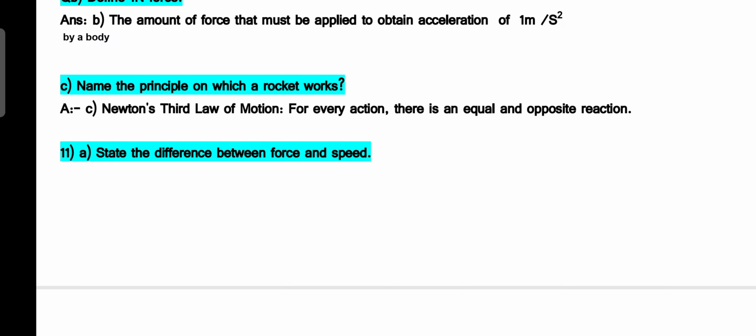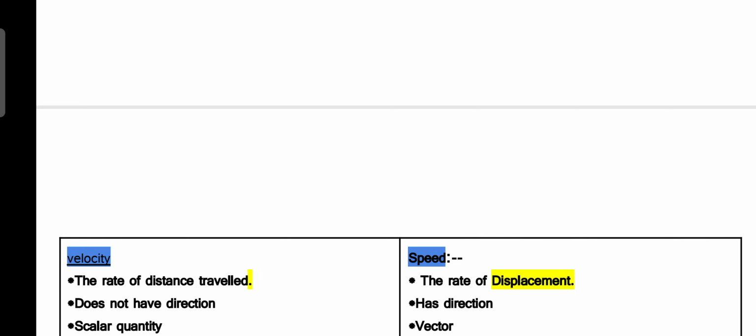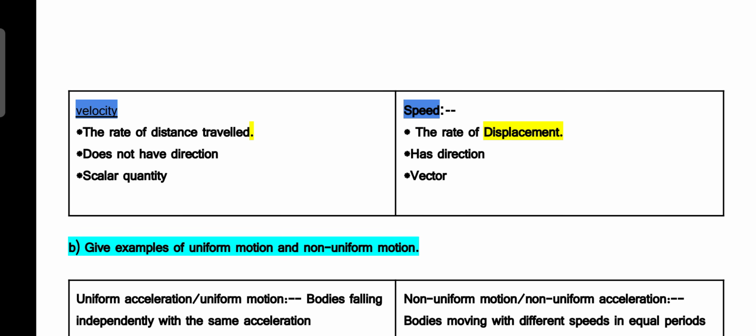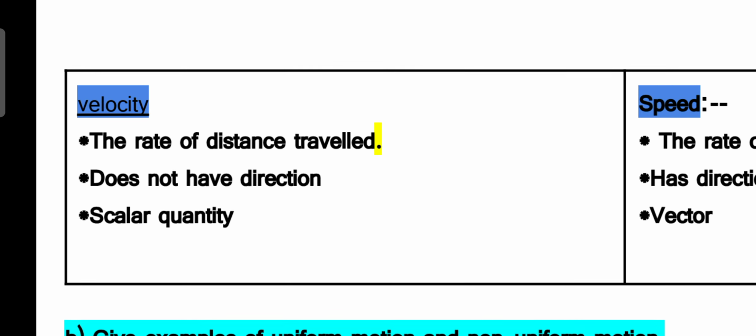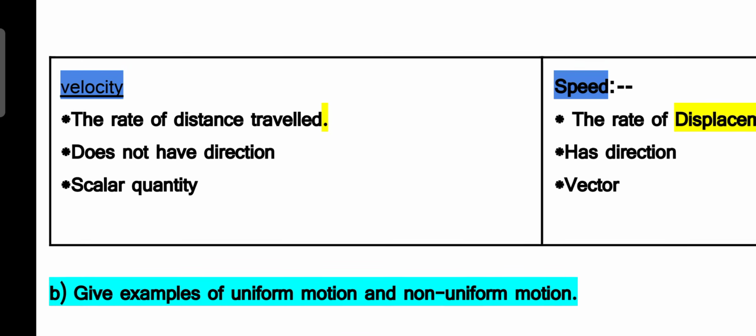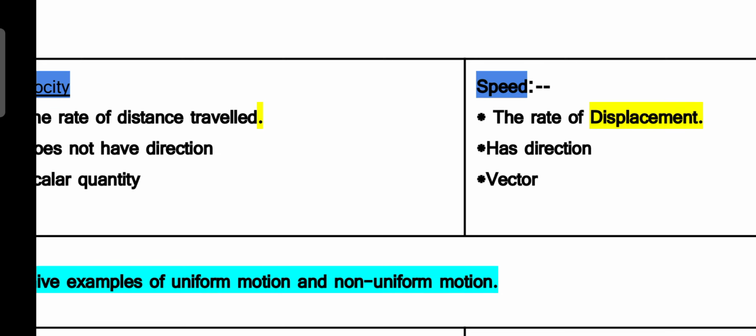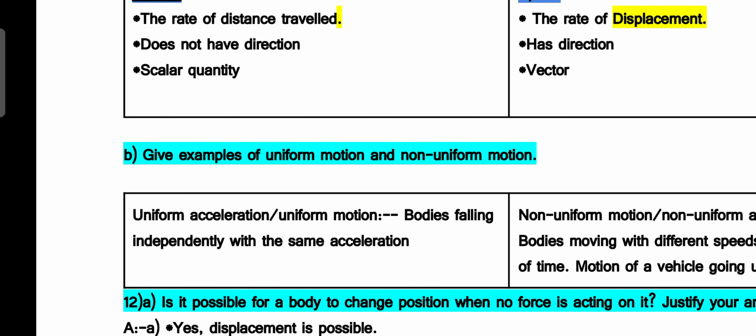State the difference between speed and velocity. The velocity is nothing but the rate of distance traveled. Speed is the rate of displacement. The velocity does not have the direction. It's a scalar quantity. The speed has the direction and it is a vector quantity.